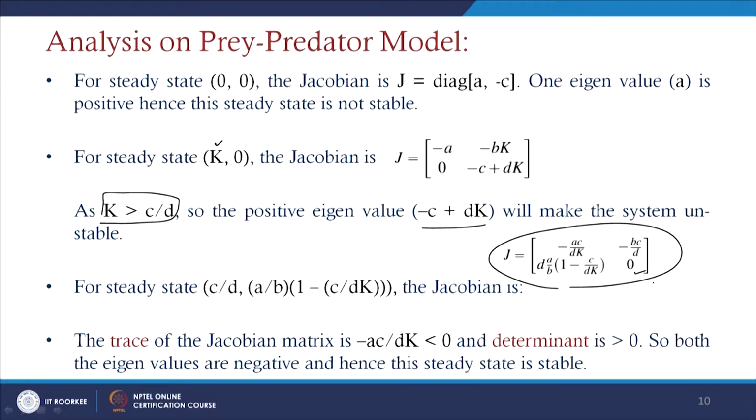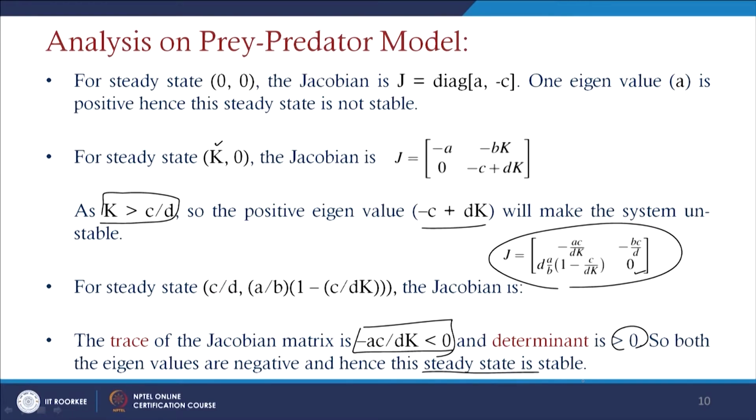The trace, the sum of the diagonal elements, is minus ac by dk plus 0, which is less than 0. The determinant of this matrix is greater than 0. Hence, we can conclude that both eigenvalues are negative, so this steady state point is stable.